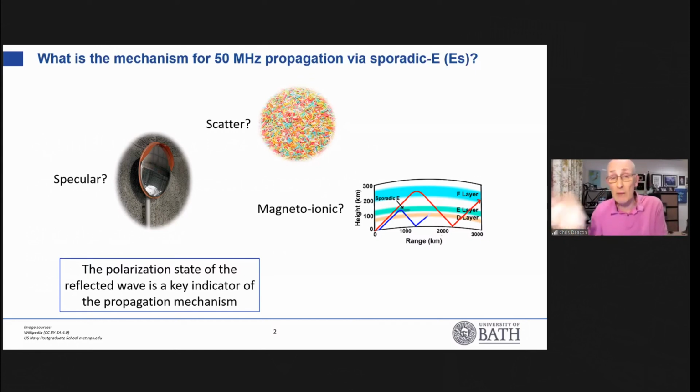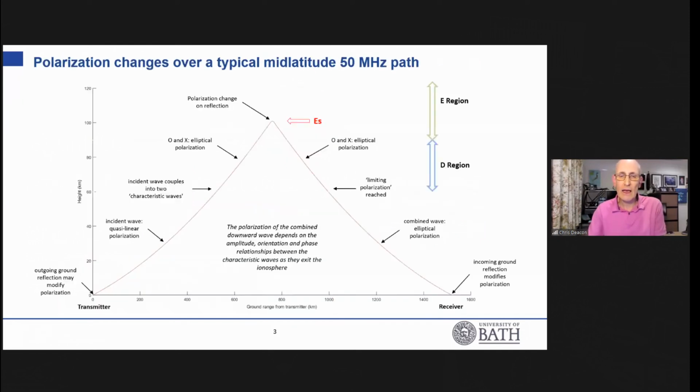It'll be linear, it might be tilted a bit, but it'll still be linear. Scatter, the same, except that when the reflection points are very, very small, it'll tend to be depolarized completely, and magneto-ionic, it'll be elliptical. So here's just a representation. I'll return to this picture representation at the end, but there's a couple of important points here.